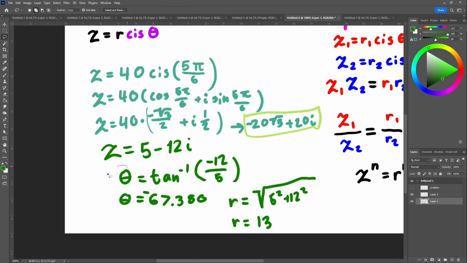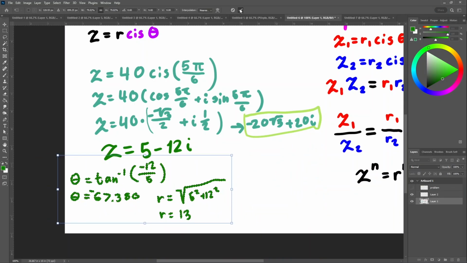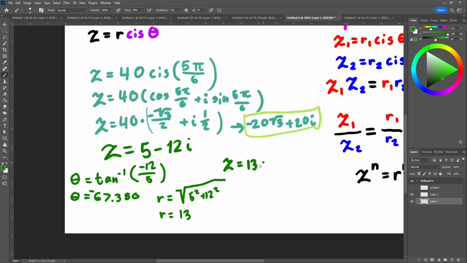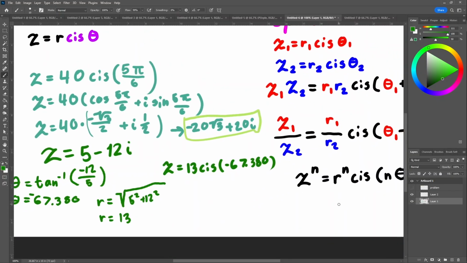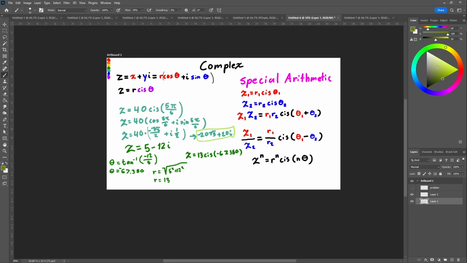So if we just shrink all that scrap work into the corner, we would get our final answer of Z is equal to 13 cis negative 67.380. Pretty cool if you ask me. Pretty simple as well. A little bit of work, but not too bad.